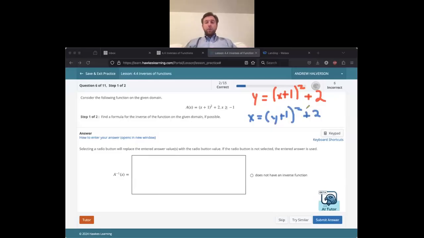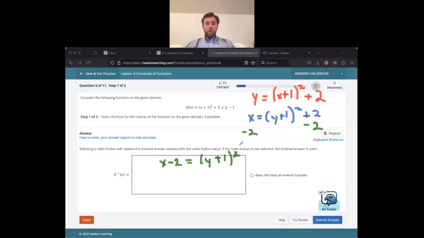Solve for x. So we first have to do what? When we solve for x, what do we have to move first? We have to get rid of that 2 first. So it becomes x minus 2 equals (y plus 1) squared. Now we have to get rid of the square.